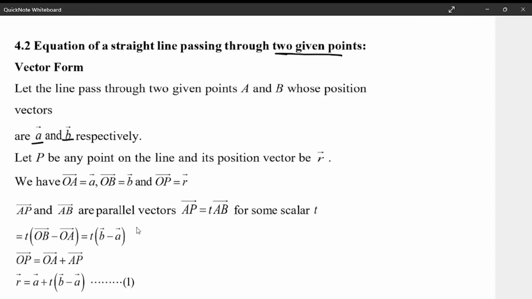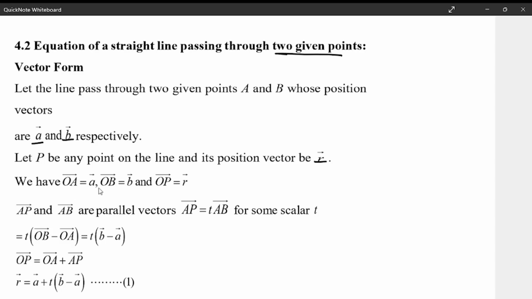So if we have a straight line passing through the given points A and B, let P be any point on the line with position vector r.